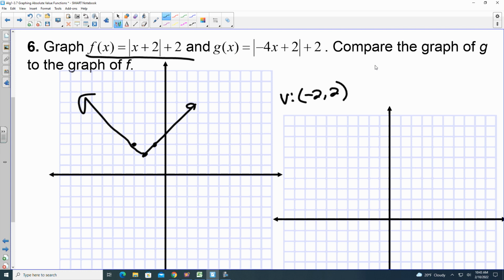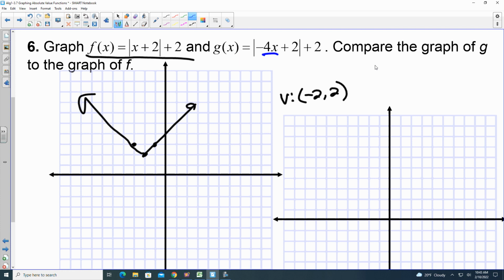So like I did in the previous example where x was not by itself, we needed to solve this as a value of x just by itself.